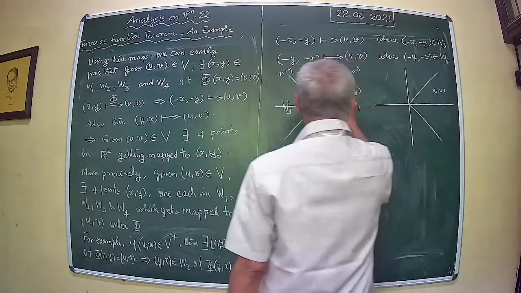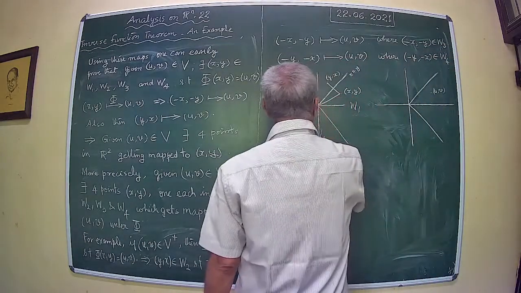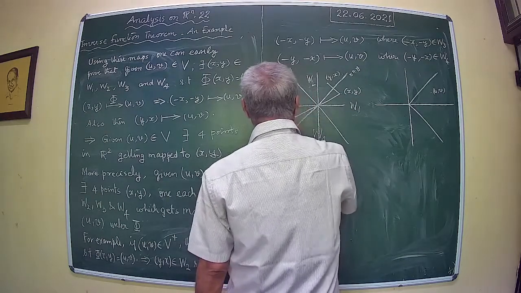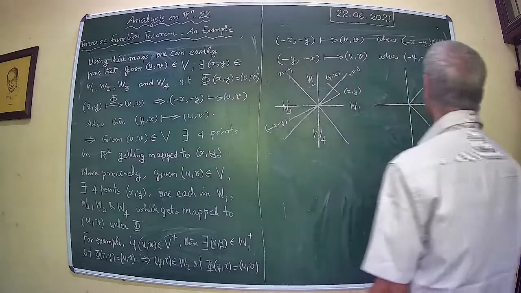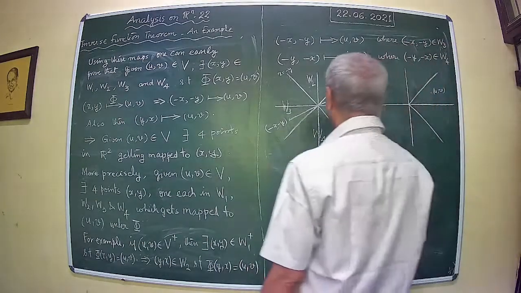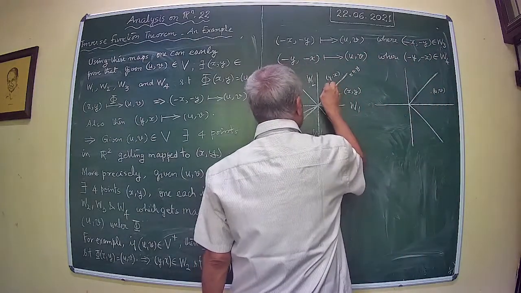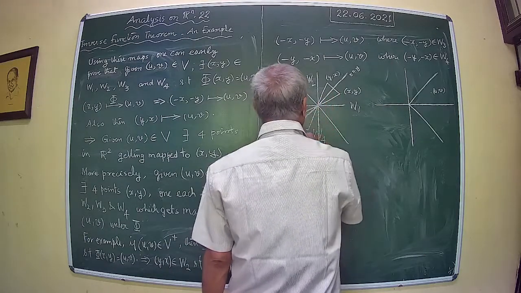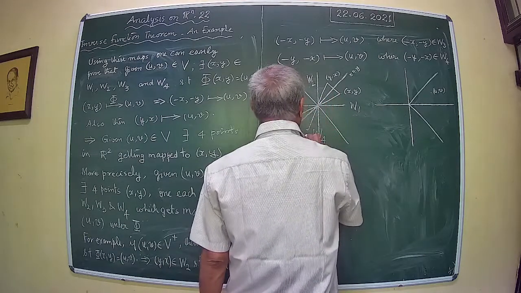So minus x minus y is in W3. And what about this? This is minus y minus x.